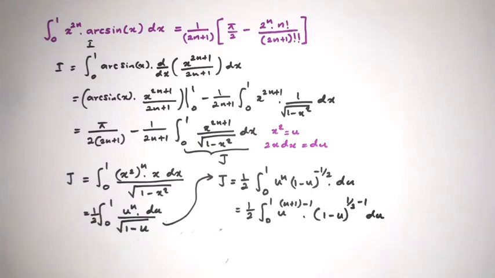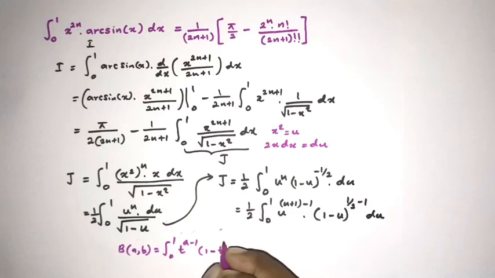I think you know about the beta function. The formula of beta of a, b is equal to the integral from 0 to 1 t to the a minus 1 times 1 minus t to the b minus 1 dt, with a and b greater than 0.